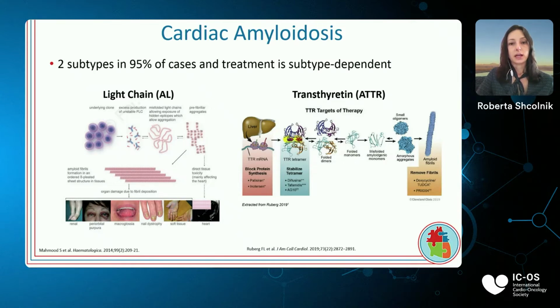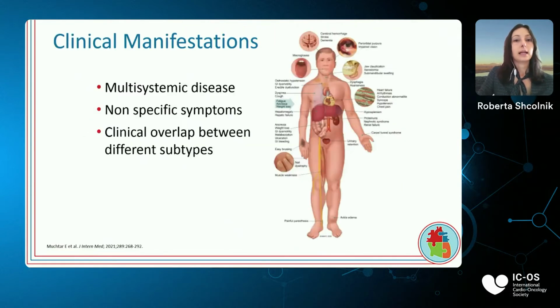So this is a real emergent situation, and we need to make the correct diagnosis to plan the correct treatment for our patients. The clinical manifestations do not help us in this way, because we frequently have a clinical overlap between different subtypes with the same clinical manifestations.